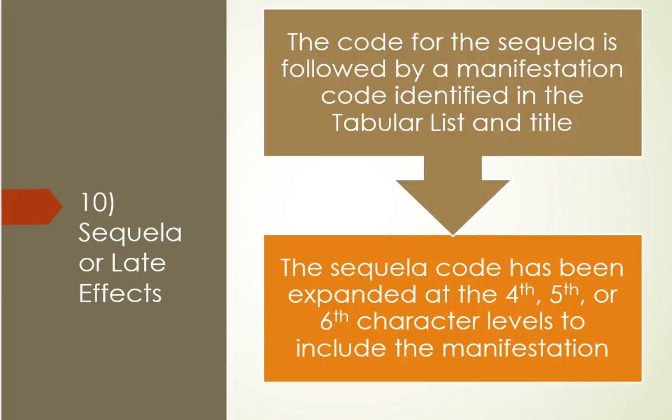There are some exceptions to the guidelines that I just presented. And it's for those instances where the code for the sequela is followed by a manifestation code as identified in your tabular list or in the title, or the sequela code itself where it has been expanded out to the 4th, 5th, 6th levels to include the manifestation.